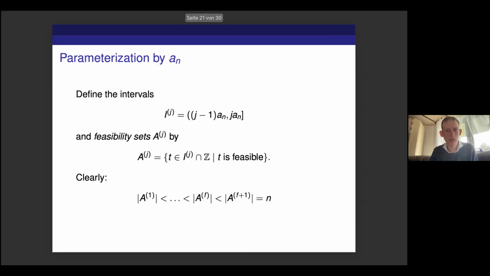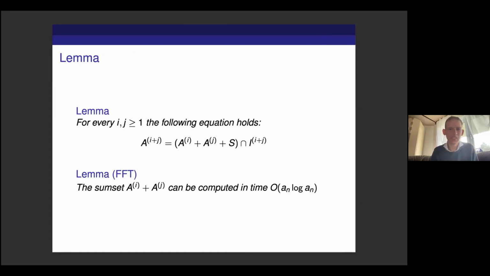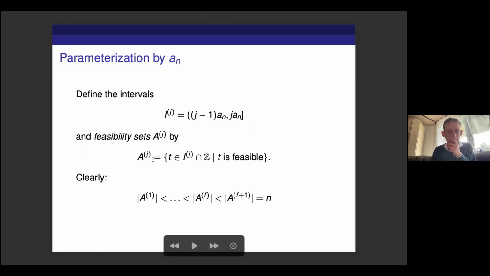use a bit of a different approach. So yes, maybe I can tell you the idea: I partition the line of numbers into intervals of length AN. So this is the interval length to keep in mind.